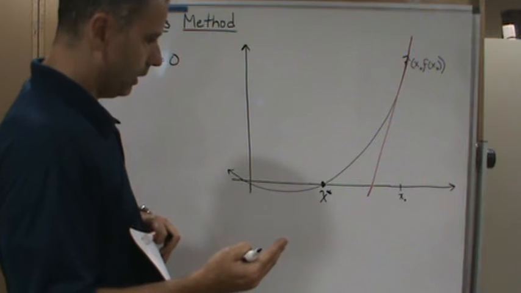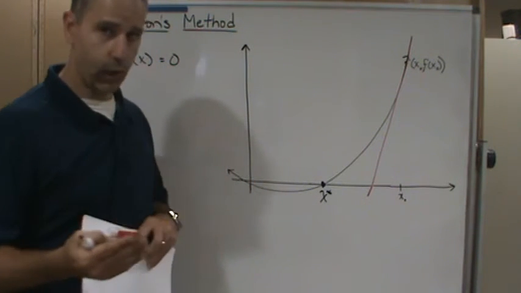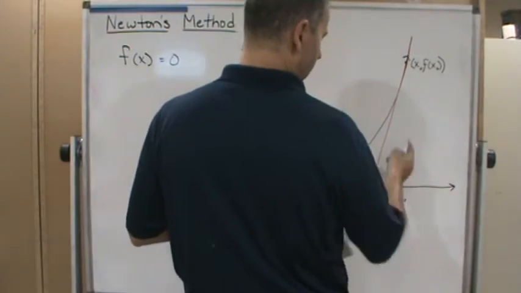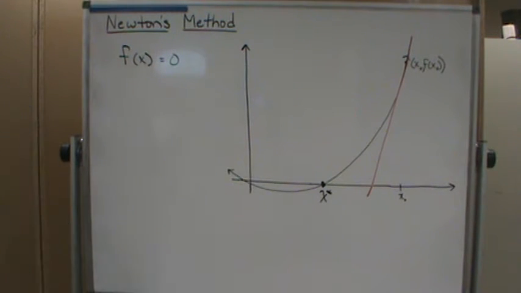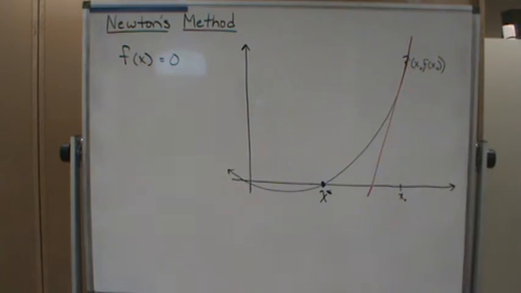If the value of that point is not the zero, then it's not the intercept.